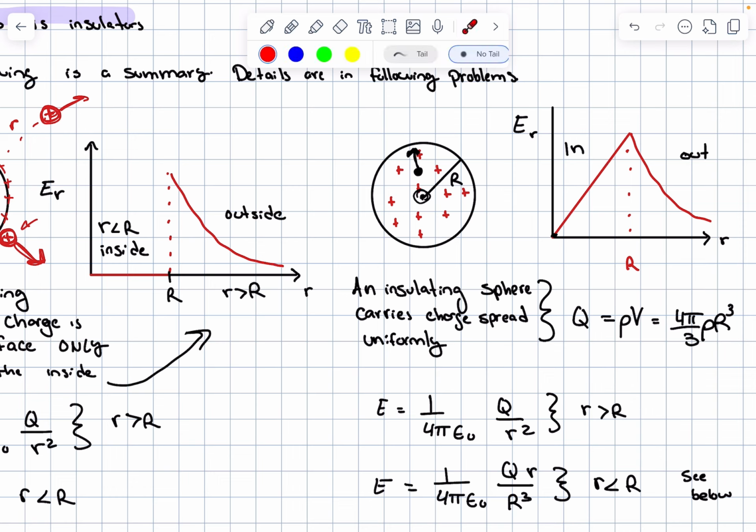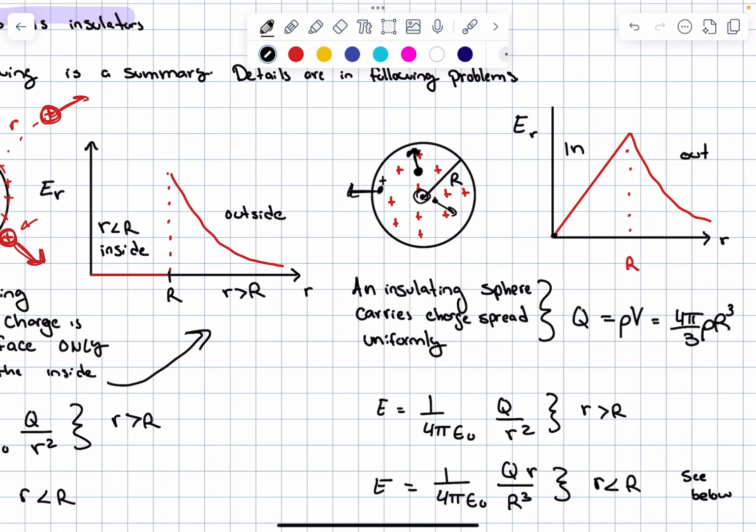And then the further and further away I go from the center of my insulating sphere, the more electric field there is. We're going to see this explicitly in the coming problems, but that means that if I have a positive charge here, it's going to feel more force than the positive charge that is down here closer to the center.